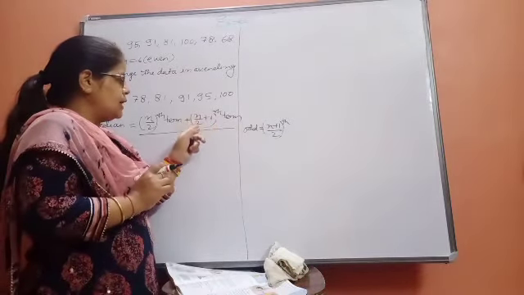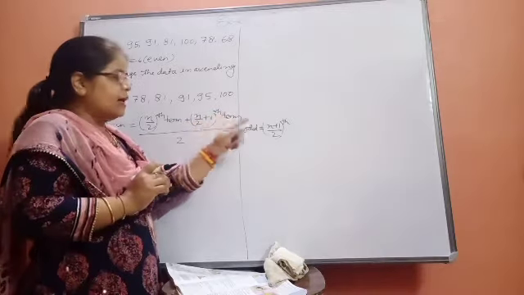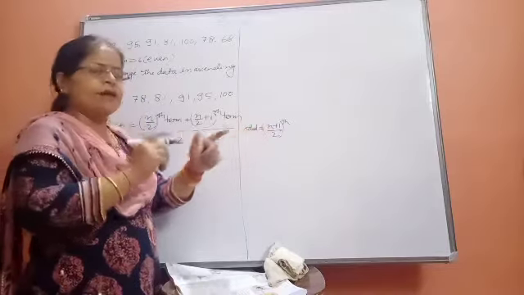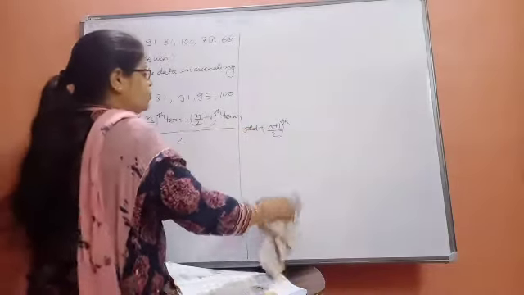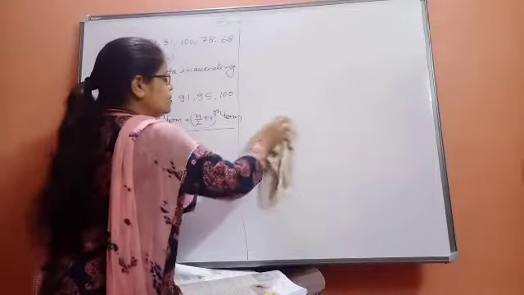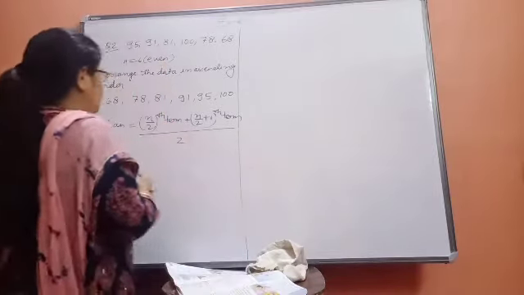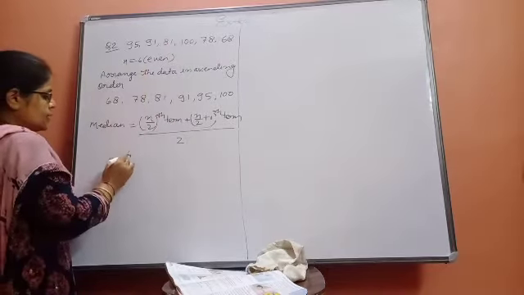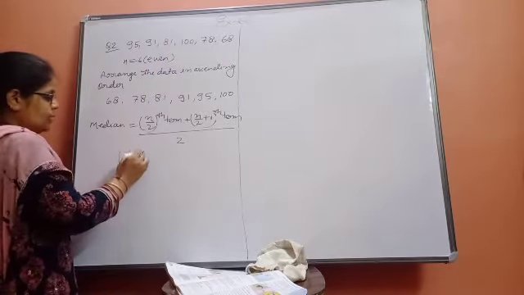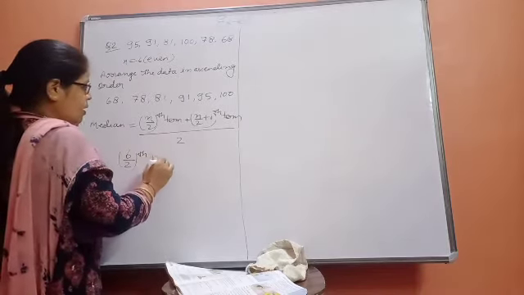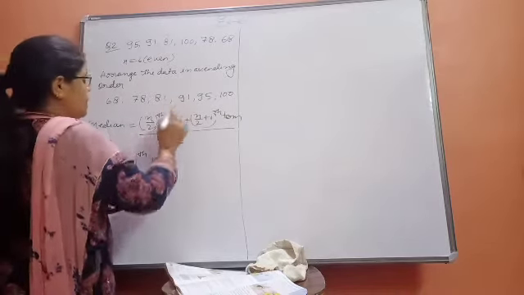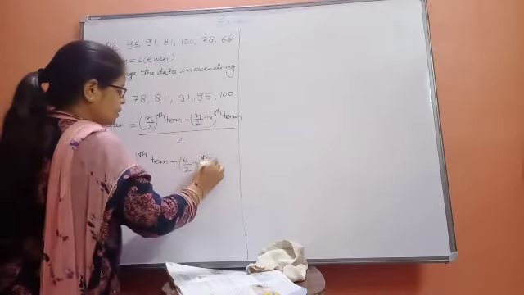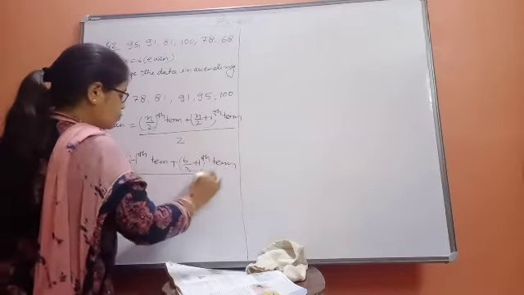Here first of all we are dividing and then adding 1. In the odd case, first of all we are adding and then dividing. So focus over here also. There is a difference between them. Now see, (n upon 2)th term: n means how much, beta? 6. 6 upon 2 term, plus 6 upon 2 plus 1 term, divided by 2.